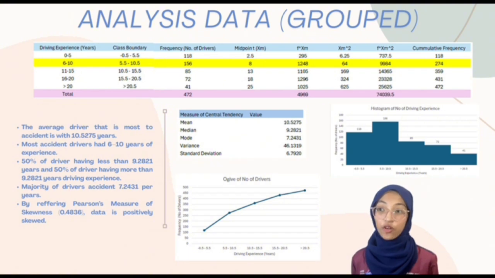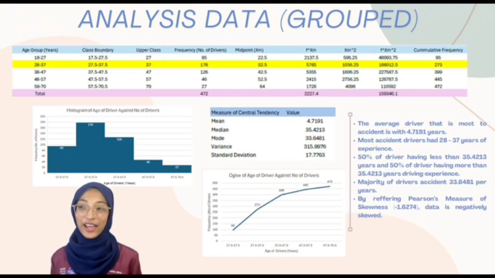And 50% of driver having less than 9.28 to 1 years, and 50% of driver having more than 9.28 to 1 years of driving experience. Majority of drivers accident is 7.2431 per year. By referring Pearson measure of skewness, which is 0.4836, the data is positive skewed.